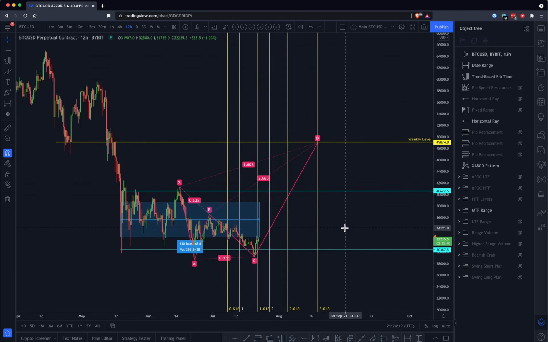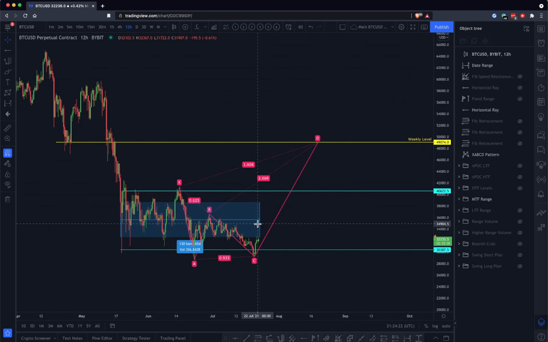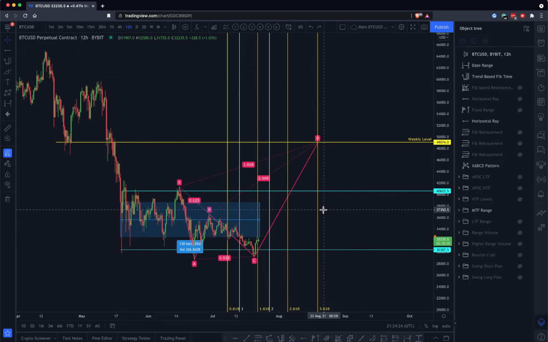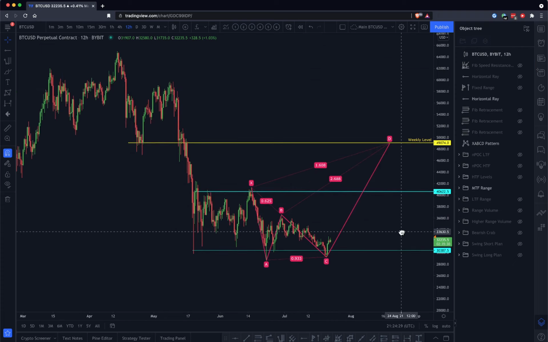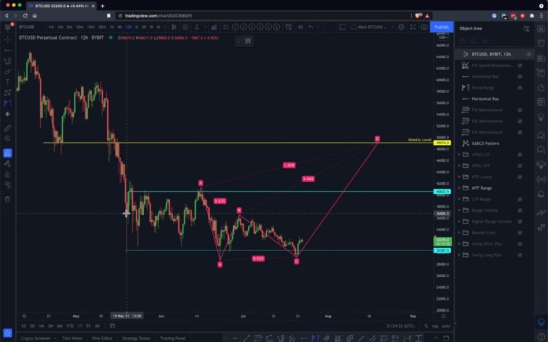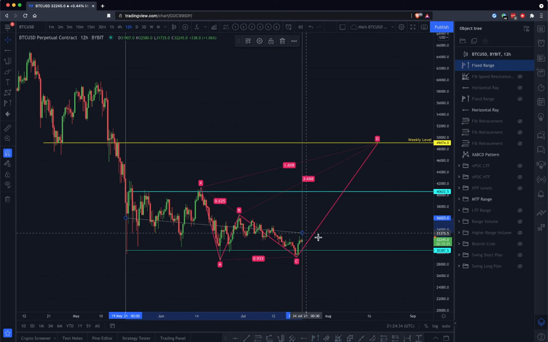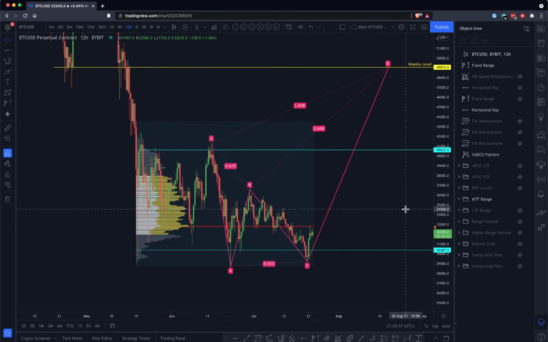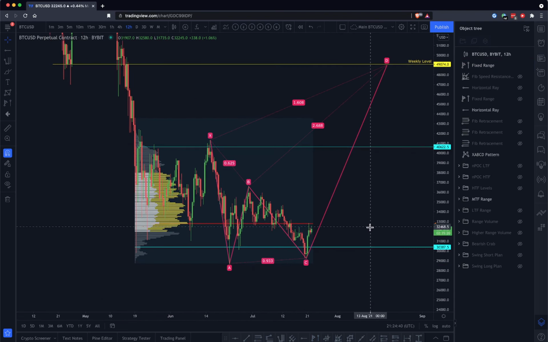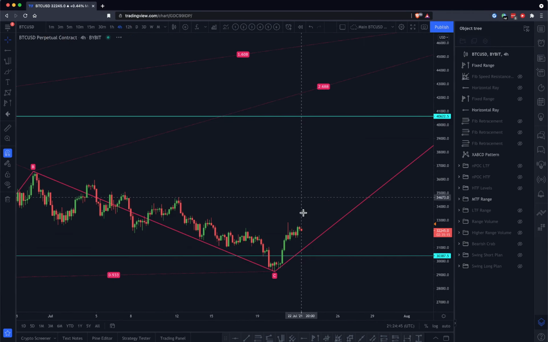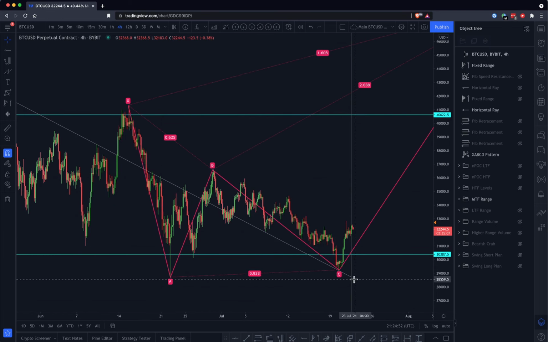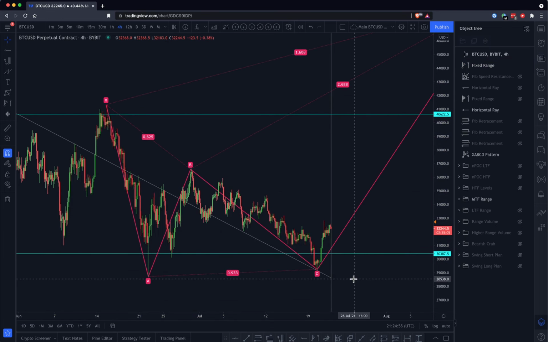So what are the volume levels on this range? Let's remove this deep time, and also this. Let's take our fixed range tool, and you see that yesterday we exactly hit the point of control of the whole range.